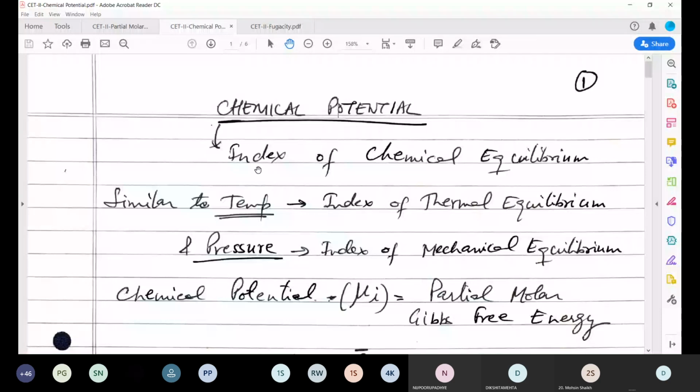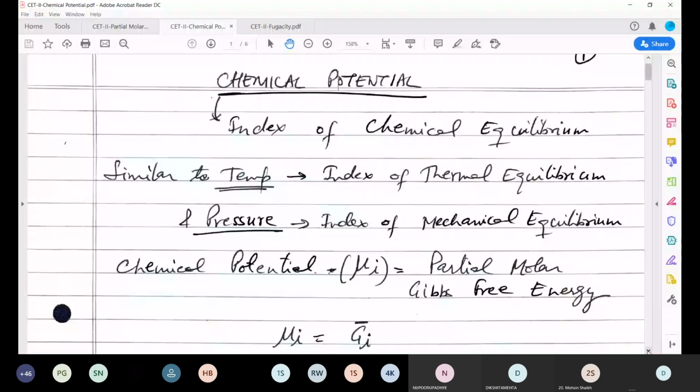For fluid flow, we need a pressure difference. For heat transfer, we need a temperature difference. Similarly, we need a chemical potential difference for reaction to take place and for phase equilibrium. So that's how we define chemical potential.